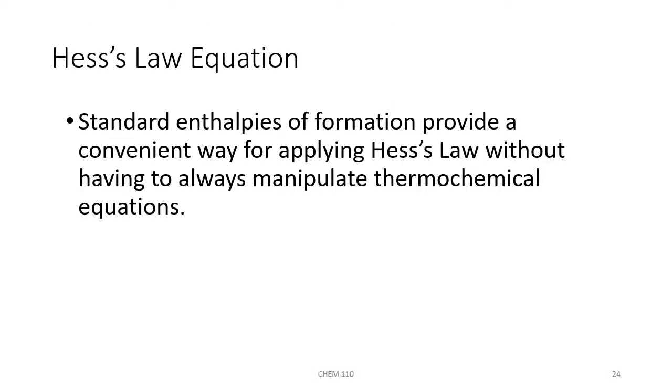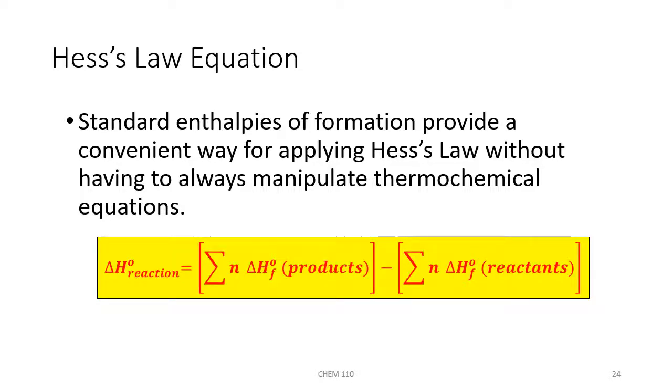Hess's law equation says that the standard enthalpies of formation can be used in order to figure out what the heat of a reaction is without manipulating any thermochemical equations or doing an actual experiment. We can figure out the heat of the reaction by taking the sum of the heat of formation of the products minus the sum of the heat of formation of the reactants and multiply by any coefficients from the balanced equation.